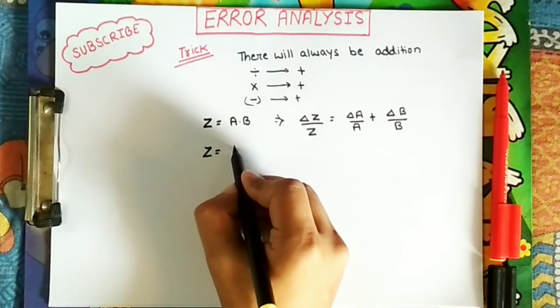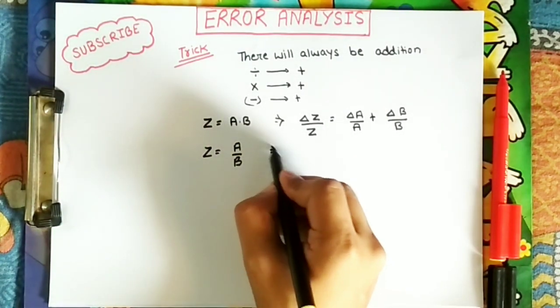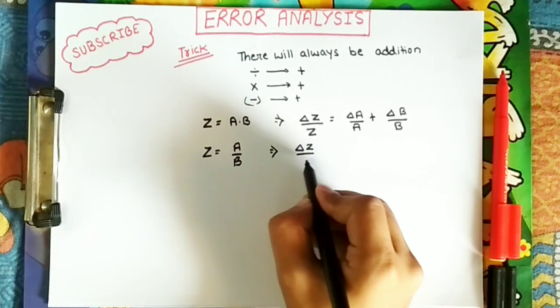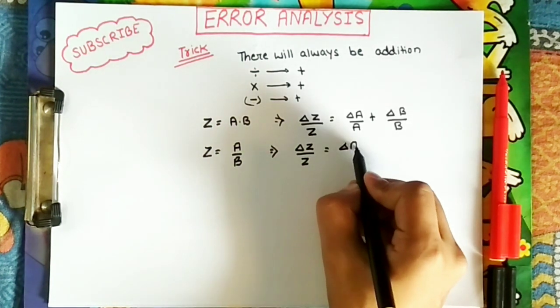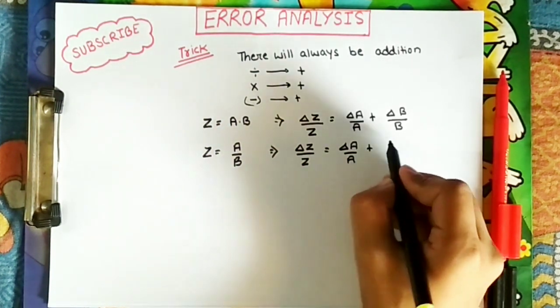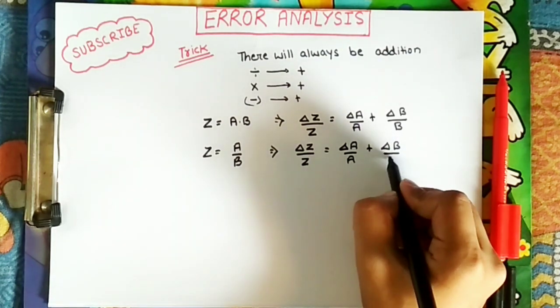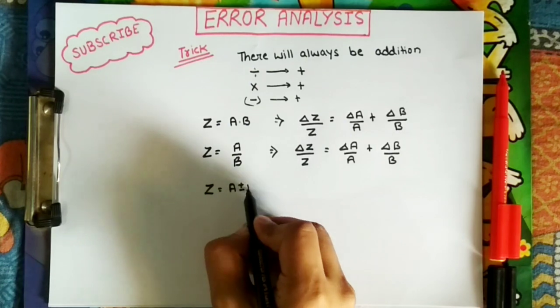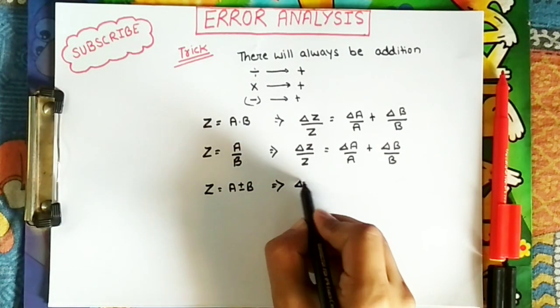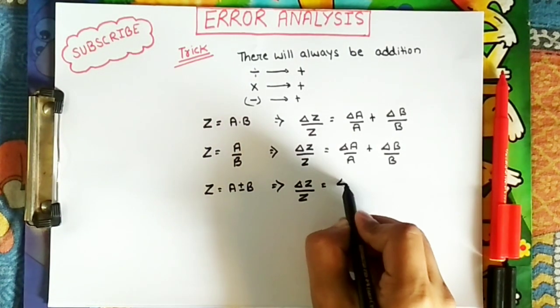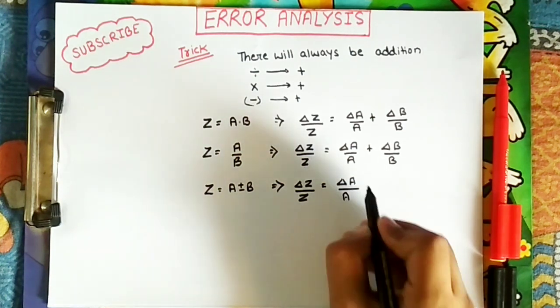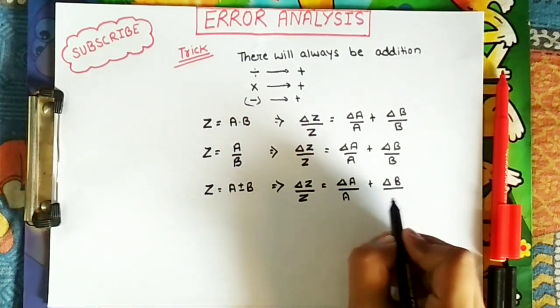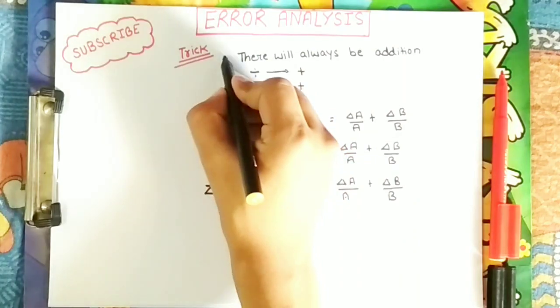If z is a by b, the relative error delta z upon z will be delta a upon a plus delta b upon b. If z is a plus minus b, whatever be the case, delta z by z will always be delta a upon a plus delta b upon b. First rule.